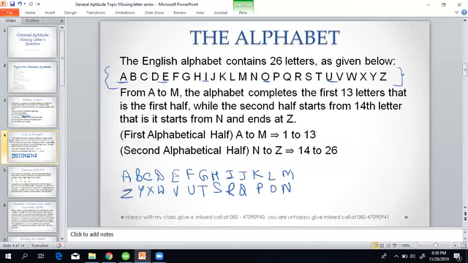So this is the first 13 letters from A to M, and the last 13 letters from 14 to 26 are this, from N to Z. If you write in this form, then you can answer the questions very easily.